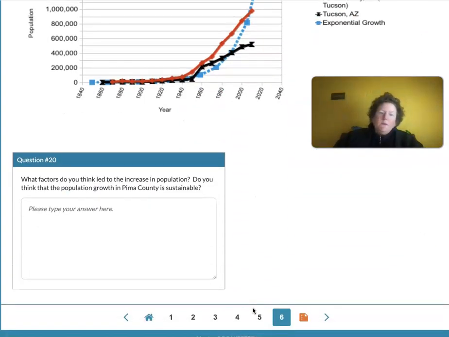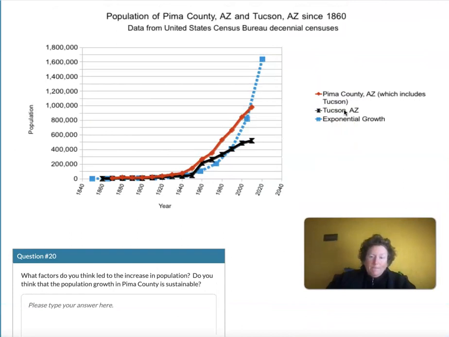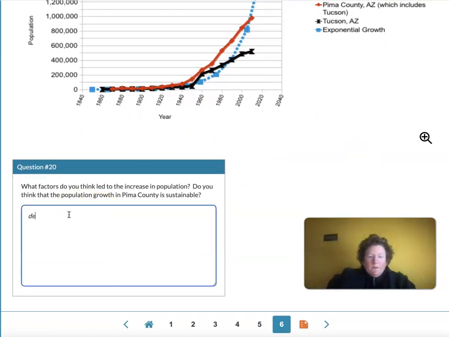What factors do you think led to the increase in population? Do you think that the population growth in Pima County is sustainable? Is there enough water for all those people? So it's a desert. We know the water table is going down.